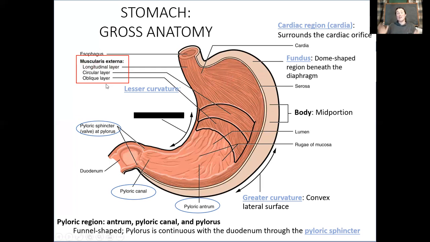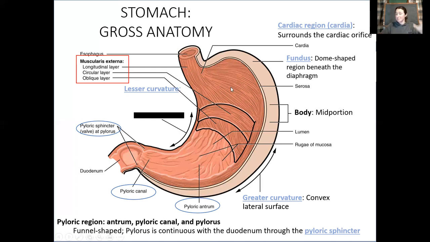So this particular layer of the stomach has three different layers as opposed to just two. Remember, in a previous lesson, we talked about the longitudinal and the circular layer of the muscularis externa. These promote peristalsis and segmentation. The stomach has a third layer, and the fact that this is different should imply to you that the function of the stomach is very different than the other organs.